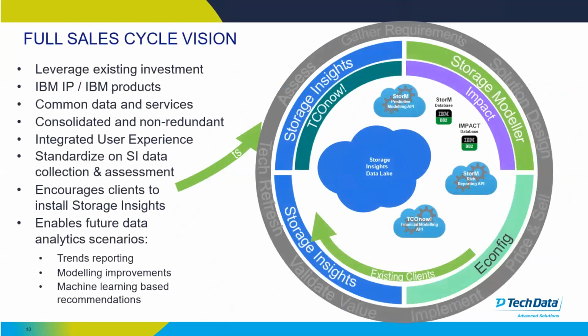So one of the reasons why they're doing this is to make it a bit more slick. This is IBM's full sales cycle, which they're looking to get to. Are we here at the moment? No. Predominantly, this is based around the storage elements. So if you've used Disk Magic or Capacity Magic, that is now being replaced by Storage Modeler, or Storm.